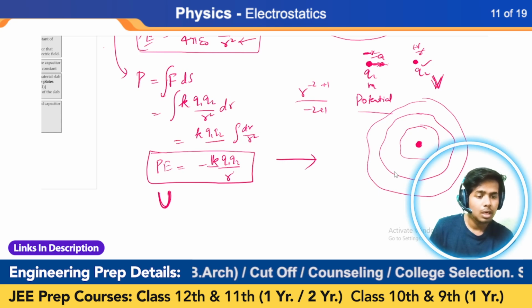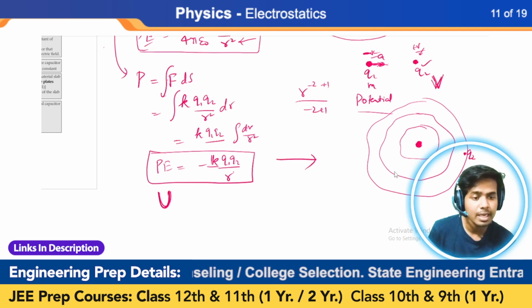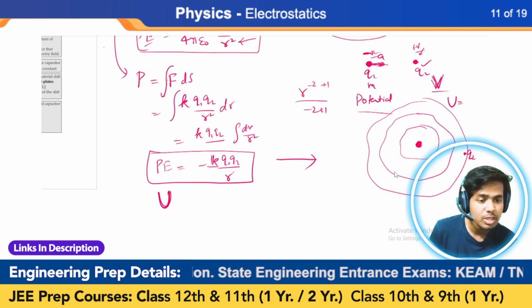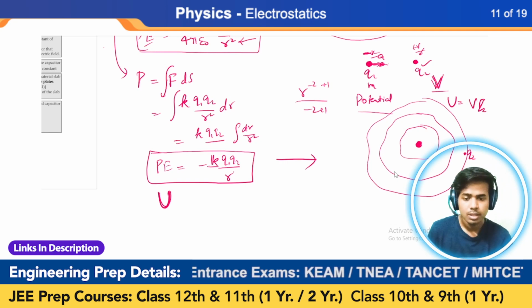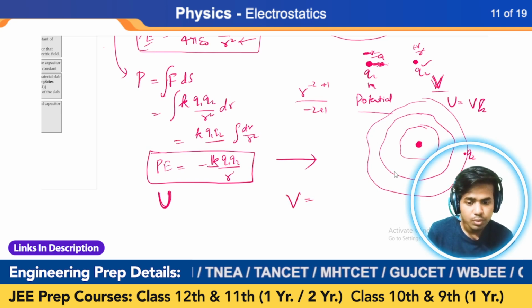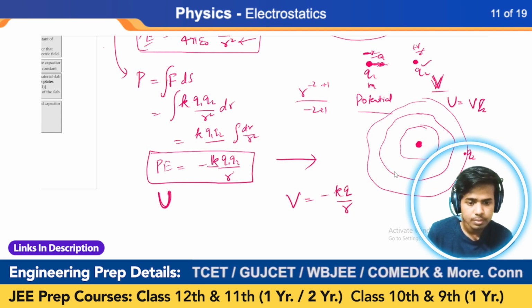And whenever another charge q2 comes in contact with this potential, the potential energy in the system will be V into the charge q2. All right. So in a similar fashion, V is equal to minus kq upon r.